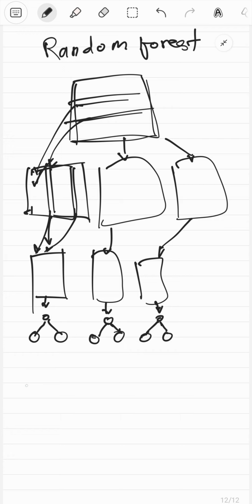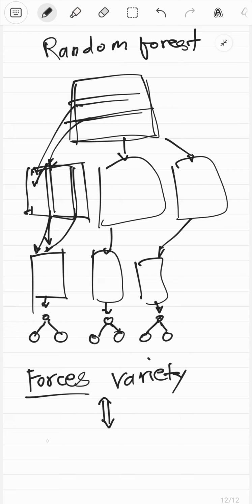So this forces variety. I think there was another point related to this, but I'm forgetting it. Oh right, okay, that's the thing. So forces variety, which is the same as saying that your models are completely independent. Ensures independent models.